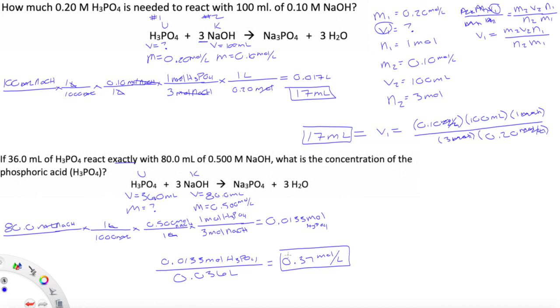All right, so now let's go ahead and use the modified dilutions equation to go ahead and solve the same problem and see what we get. So again, here's my equation. M1 V1 over N1 equals M2 V2 over N2.